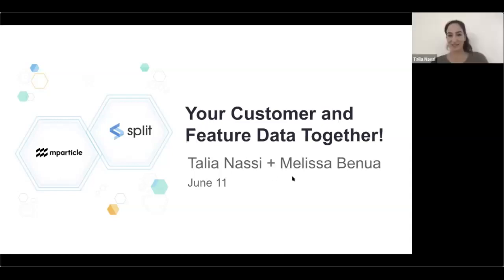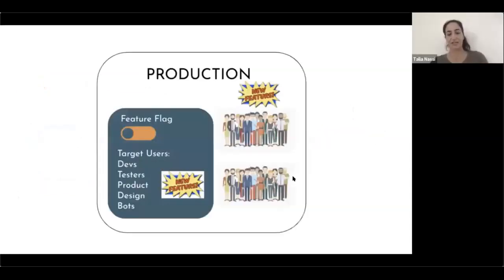Great. Okay, so first I want to start off by talking about testing in production. Testing in production means you're testing your features in the environment that your features will live in. So it means not using a dummy environment like staging or a QA environment. I want to know that my feature works in production. And that's kind of how I envision testing in production.